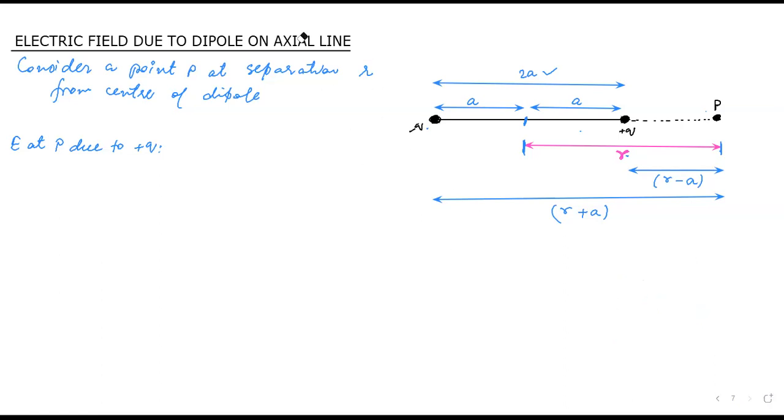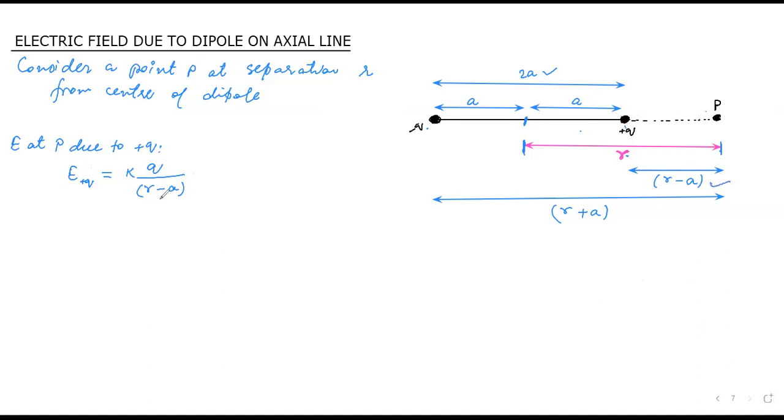Okay. Then what will be the electric field at P due to the charge plus Q? It will be E plus, in the sense electric field due to the positive charge, is equal to KQ over R minus A. What is the separation from point P to the plus Q charge?